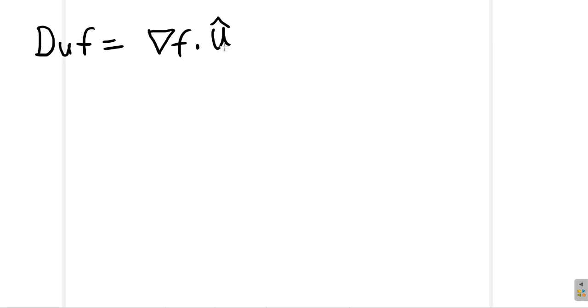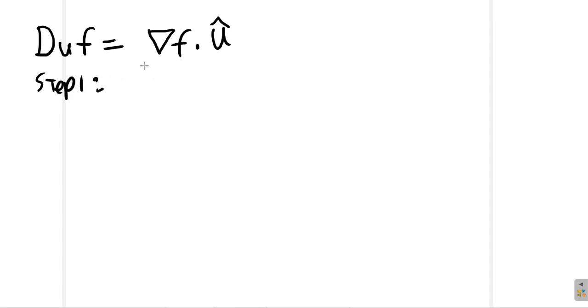So it's the dot product between two vectors. There's the gradient vector, the upside down triangle, which I call nabla. Right? That's the gradient vector of the function. That's the dot product between that vector and the unit vector. Right? So remember what to do. Step 1.